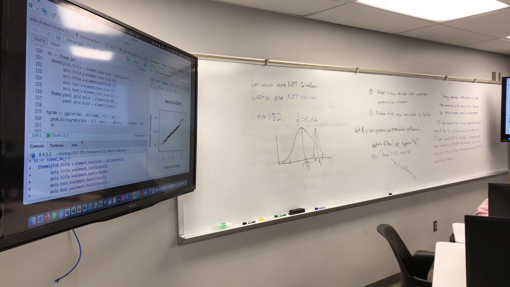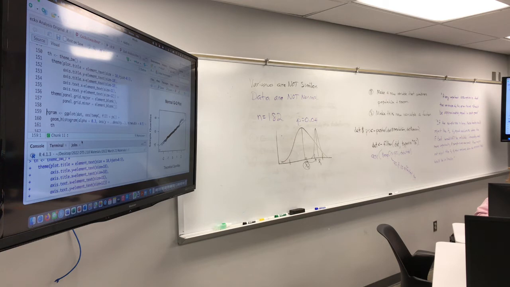Trying to generate the histogram. Okay, good. Run that to make sure that it works when you're done. Rachel, you figured out tab complete. Awesome.